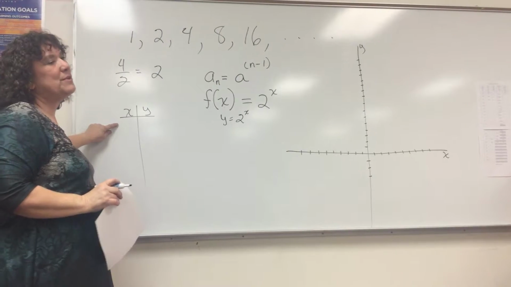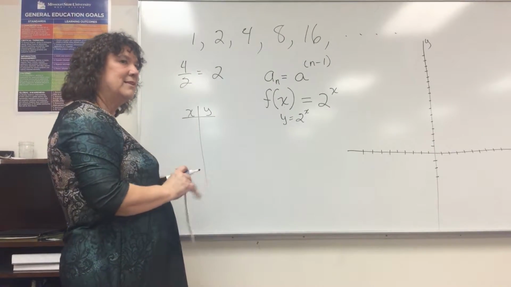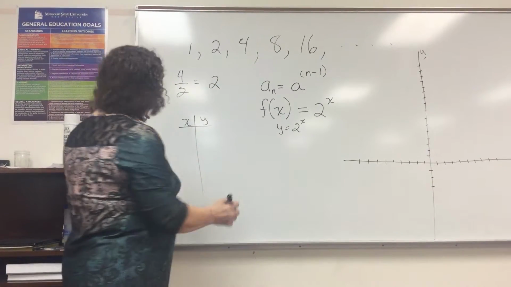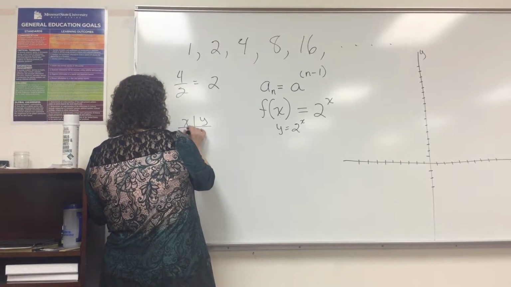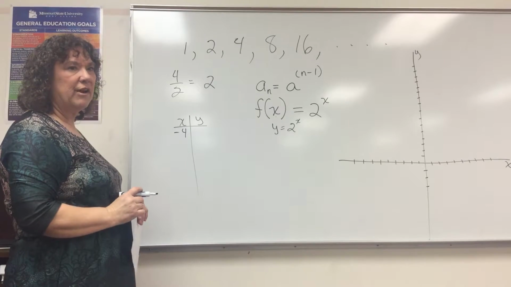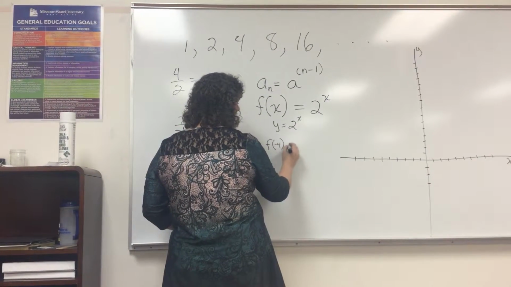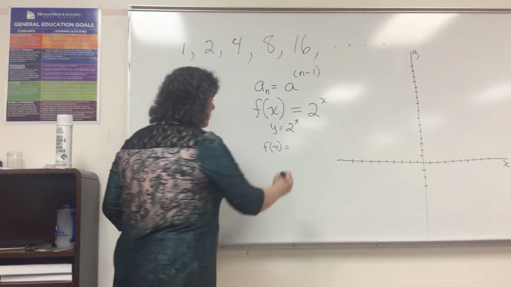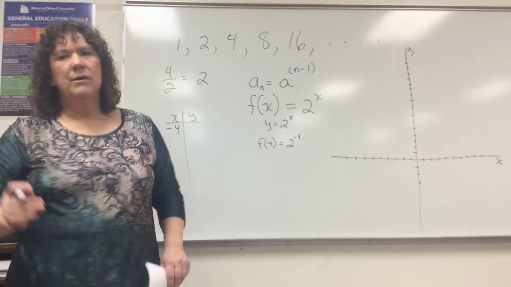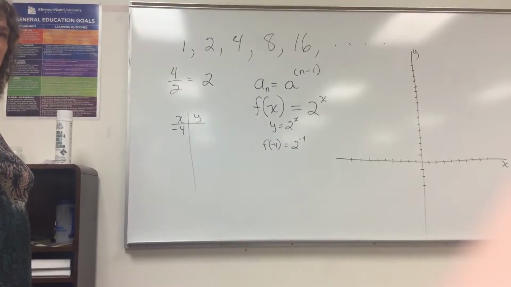Okay, so what number do you want to start with here? -1. Shall we go one more smaller than that? So we have a few more? Yeah, -4 is good. Yeah, that would work. Okay. What if we put -4 in for x? What's going to happen? Equals 2 to the -4. What happens with a negative exponent?